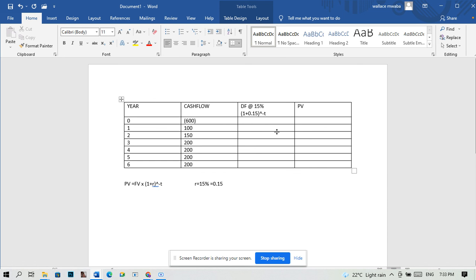So for year 0, which is the first day of year 1, we say 1 plus 0.15 to the power negative 0. Anything to the power 0 equals 1. So this just equals 1. So we say negative 600 times 1, we get negative 600.